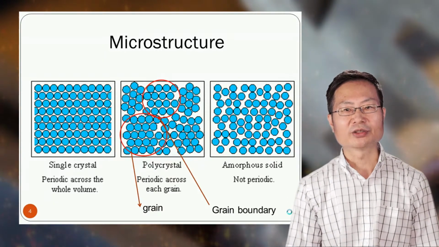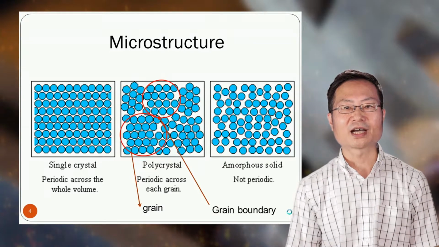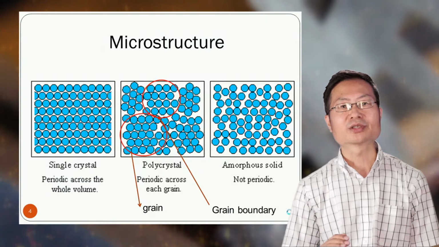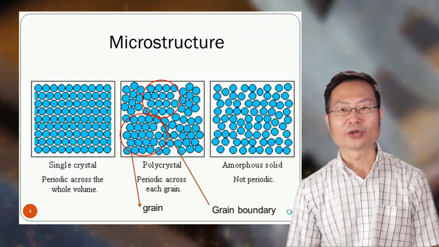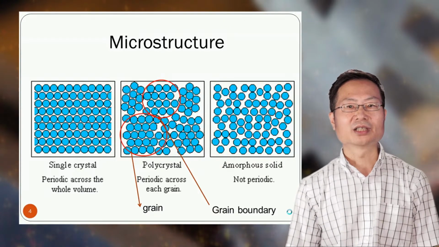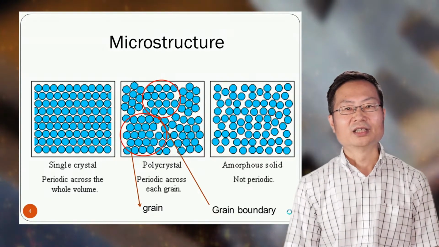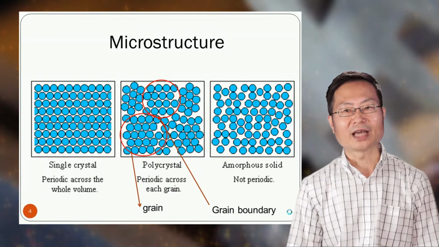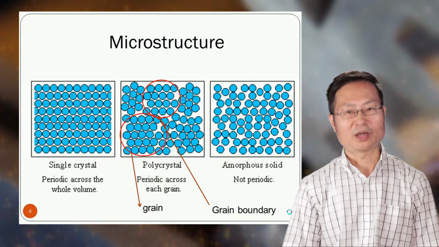The semi-transparent alumina contains small areas in which the atoms are arranged periodically across each small area, called a grain. The third kind of solid is amorphous, where atoms are arranged randomly. The imperfect structure will scatter the light and change its optical properties.